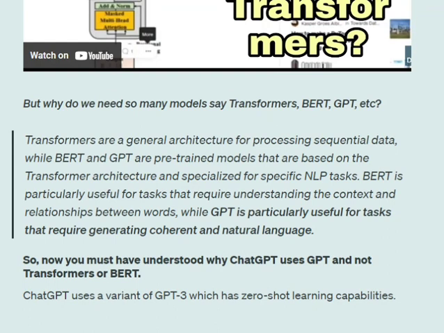BERT and GPT are pre-trained models basically for NLP purposes. Even between these two, BERT is not majorly used for problems that involve generating text. GPT is particularly useful for tasks that require generating content in natural language, and hence ChatGPT uses GPT for generating responses to our queries.